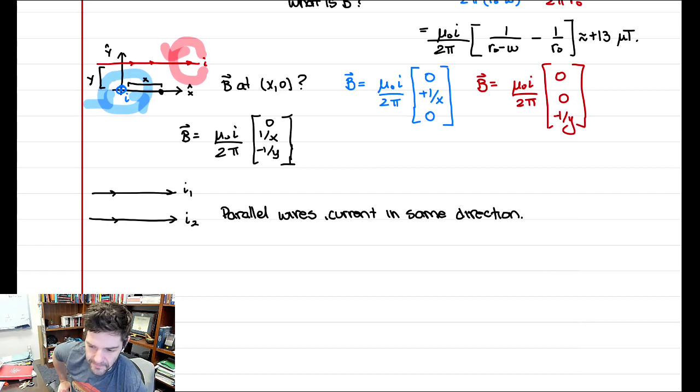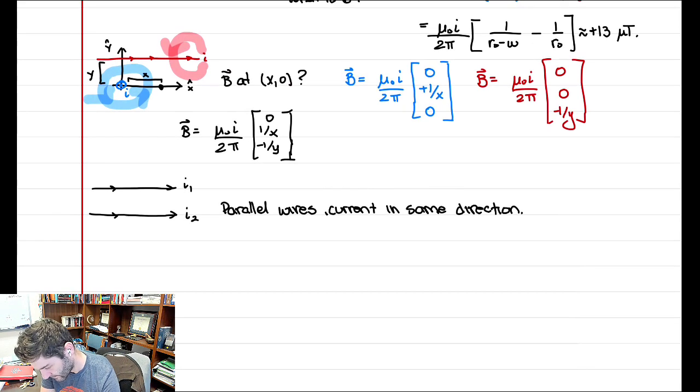I want to think about the forces that they exert on each other. So they each create a magnetic field. And let's draw it. They're both going in the same direction, so by the right-hand rule, the magnetic field looks something like that. And for this one, the magnetic field looks something like that.